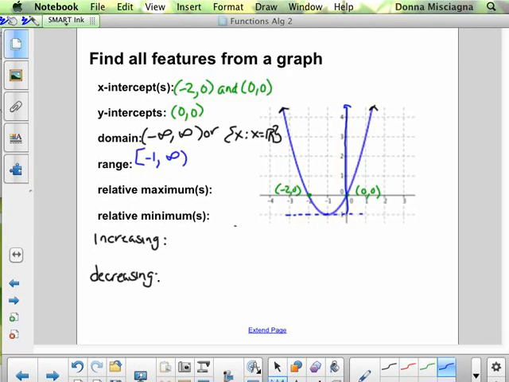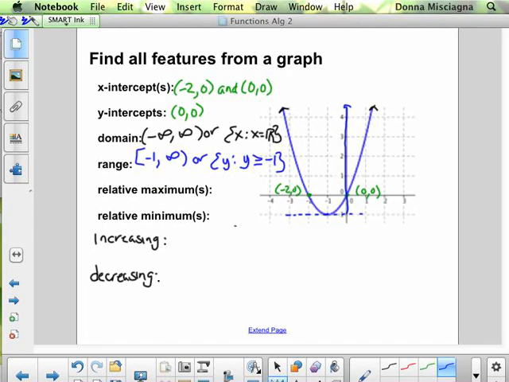So that's our range. Because our low value is at -1, it's got arrows, it's going to keep getting larger. In set notation, that would be y such that y is greater than or equal to -1. And there's our range.